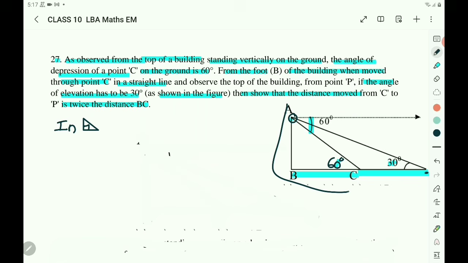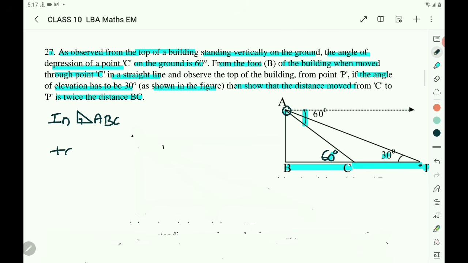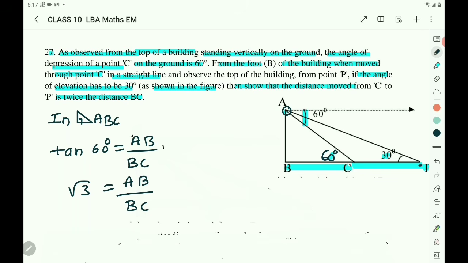In the right angle triangle ABC, tan 60 degree equals AB by BC. Tan 60 is root 3, equals AB by BC. Then transfer this BC to the LHS: root 3 BC is equal to AB.